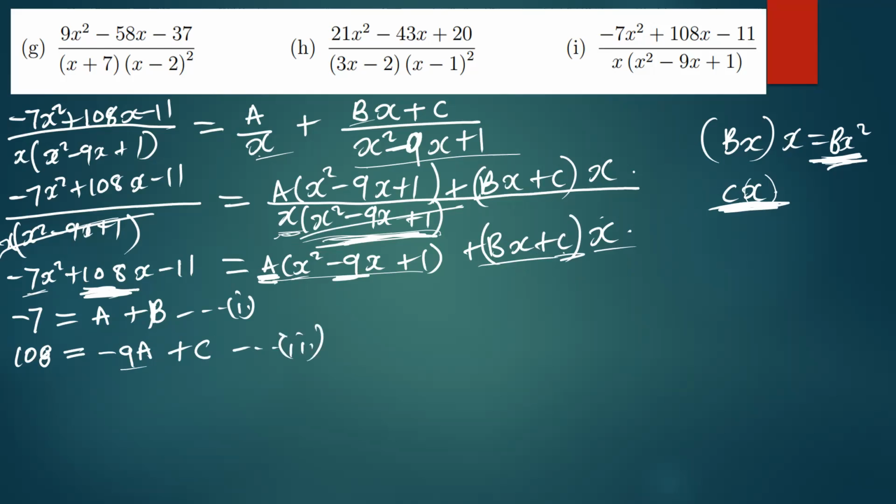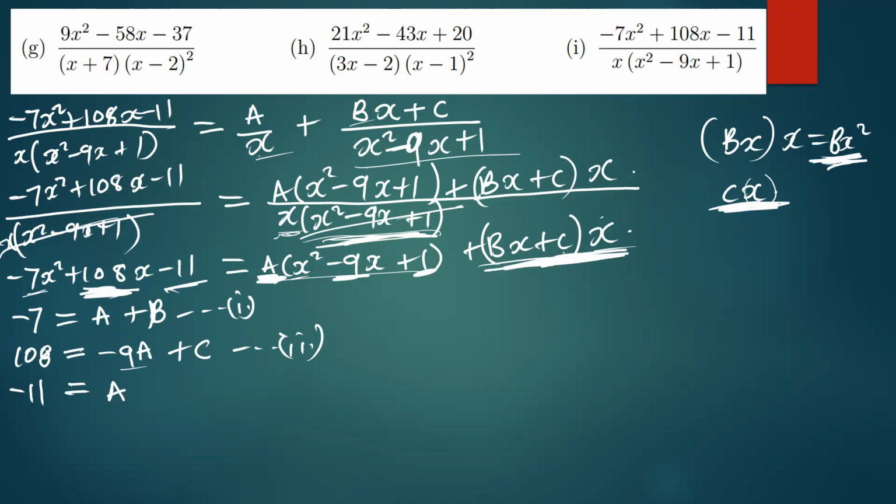Let us also compare the constants. On the left, the constant we have is 11. Then on the right, the constant that we have is a times 1, so we're just going to have a. Then do we have a constant in this expression?